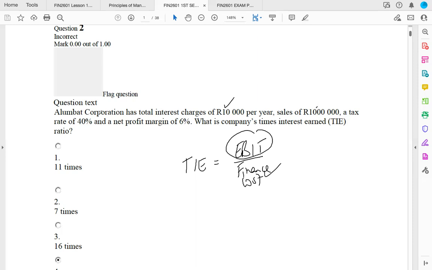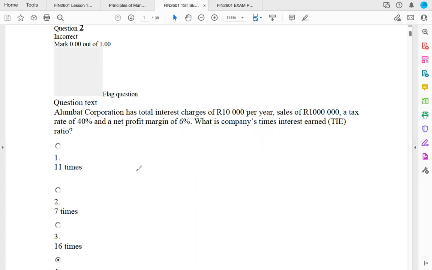We've been given sales, we've been given tax, the net profit margin, but we don't have our EBIT. So we somehow have to use this information to calculate our EBIT. Then we can substitute it into this formula, divide by the finance cost, and get our times interest earned ratio.